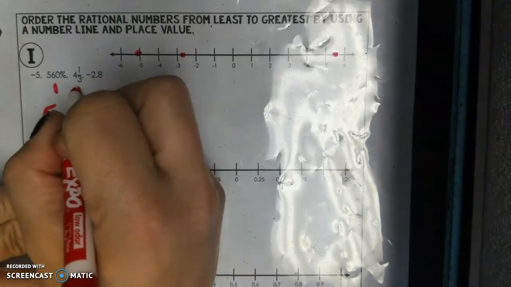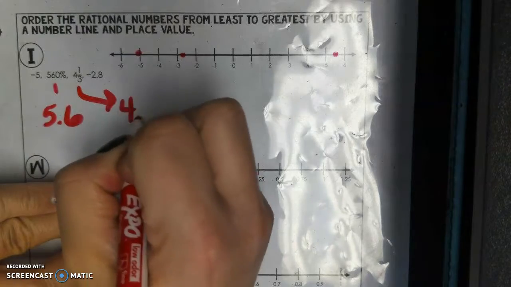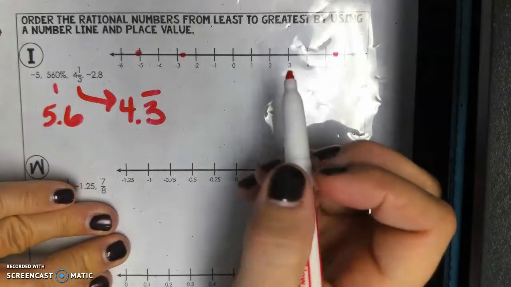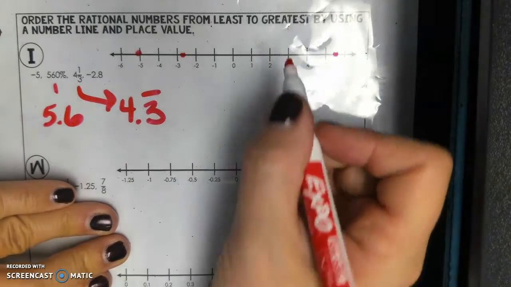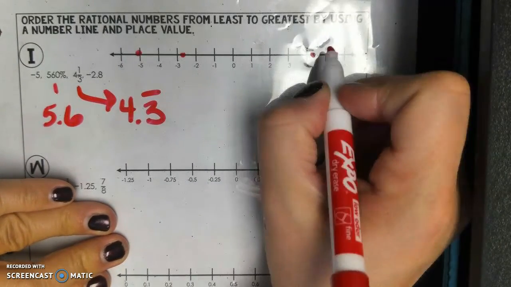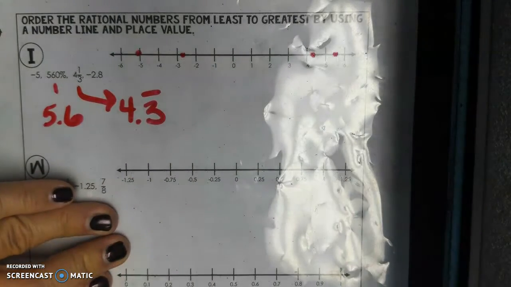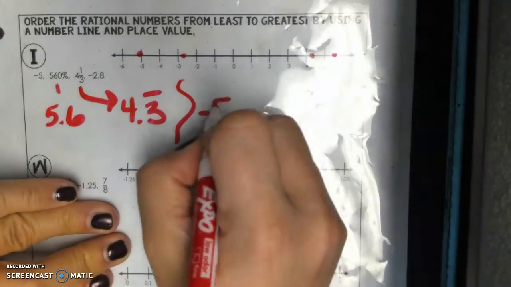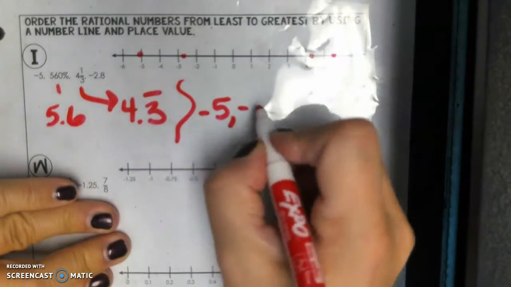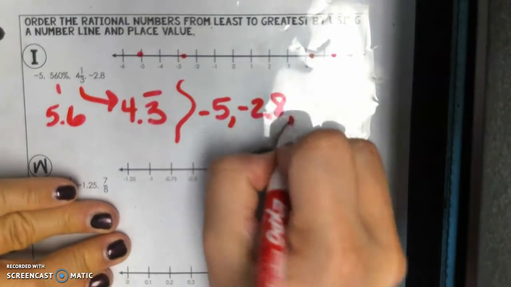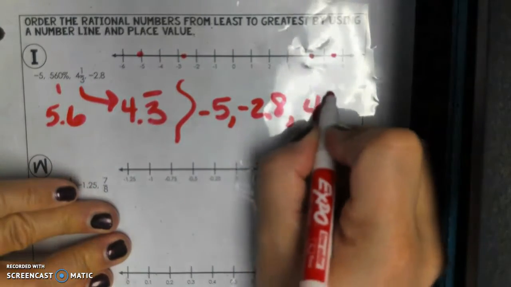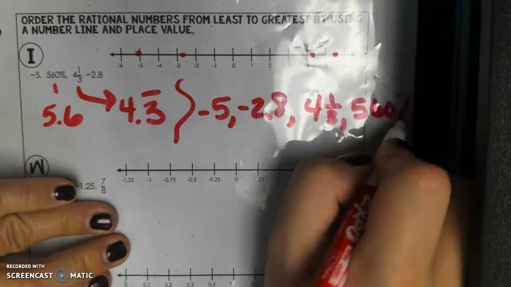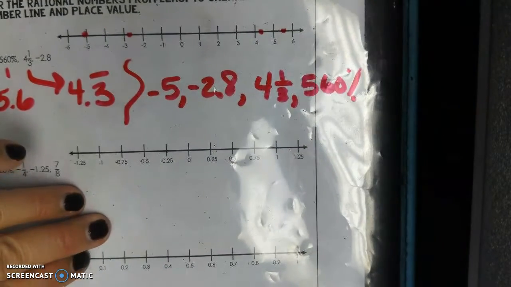So I know that 4 1/3 is 4 3/10 repeating. Okay, so I'm going to plot 4 3/10 right about there. So now I can list my numbers in order from least to greatest. It would go negative 5, negative 2 8/10, positive 4 1/3, and finally 560%. Okay?